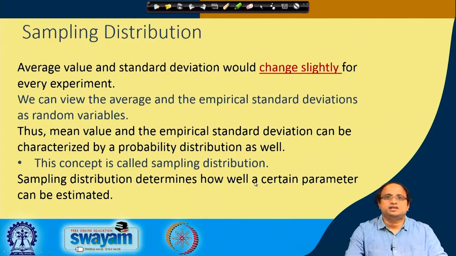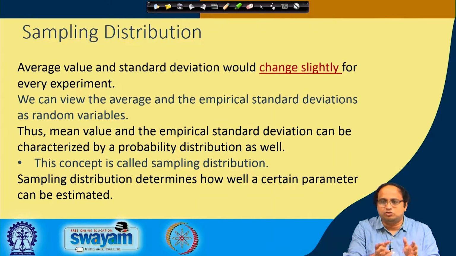Now, what is the sampling distribution? Suppose I am trying to estimate the average value and the standard deviation. That means I am getting 1 sample, 2 samples, 3 samples, and trying to estimate the corresponding average value and also the standard deviation. This would change every time you do or redo the experiment; these values will differ.